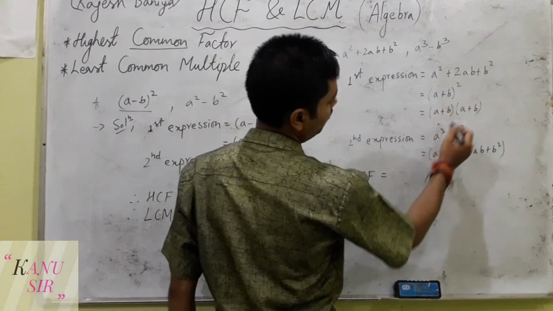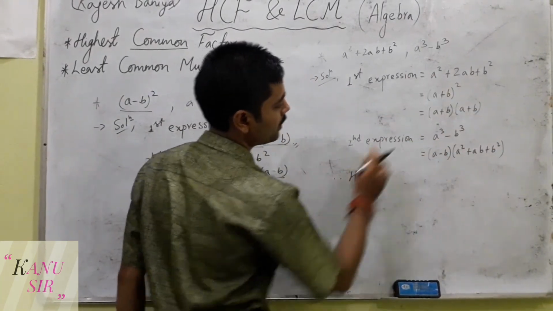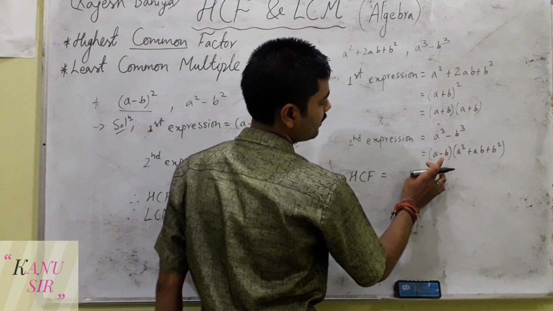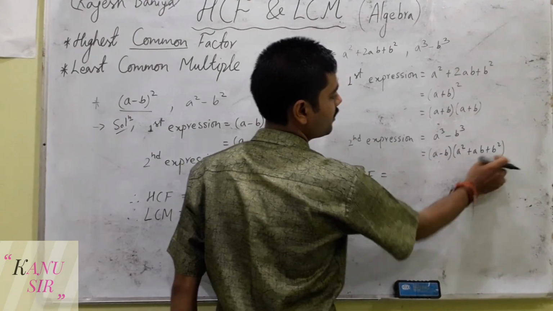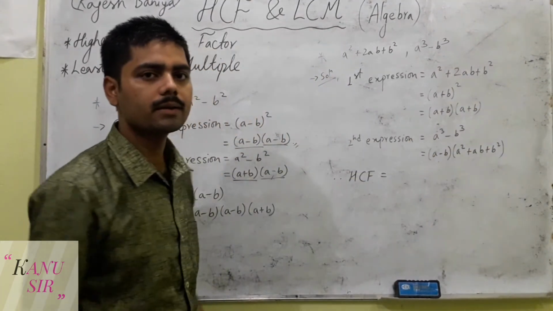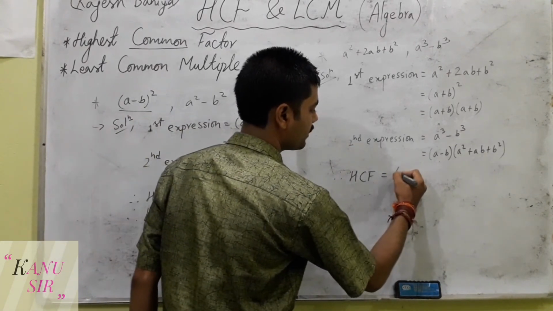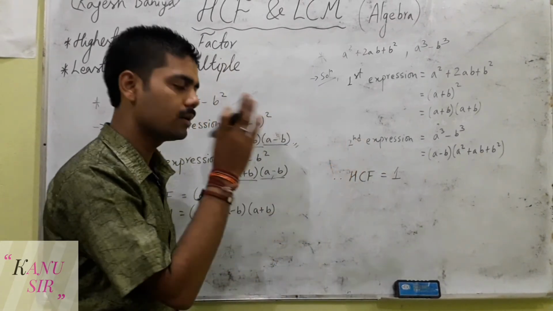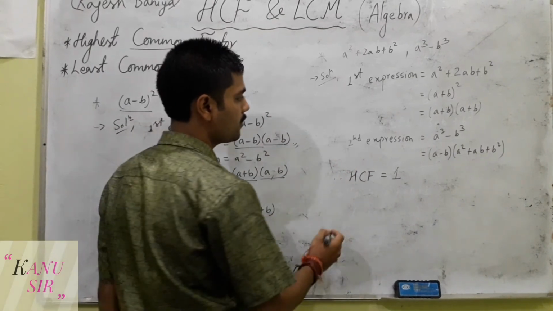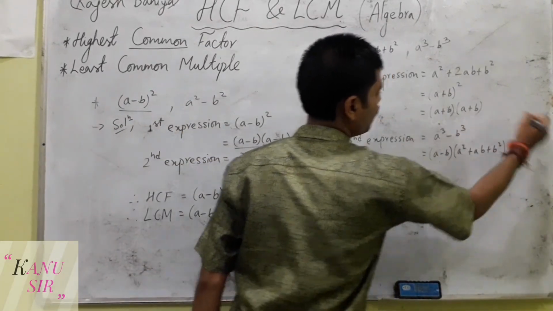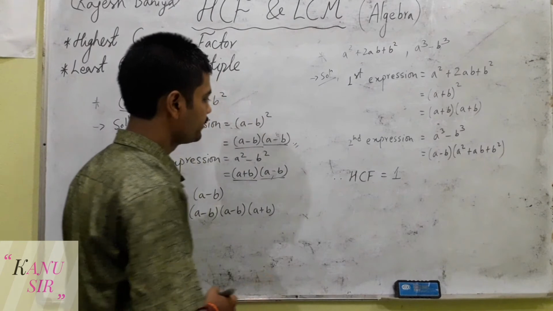So here we find nothing is common. Here is a plus b, but here is a minus b and a square plus ab plus b square. So in this condition you just have to write 1 as the HCF, because we don't write 1 in the expressions.